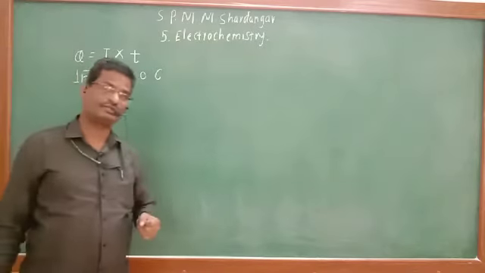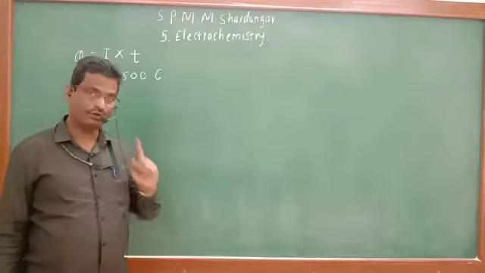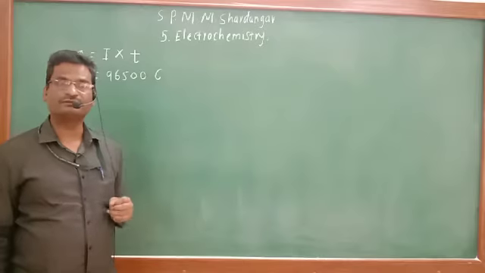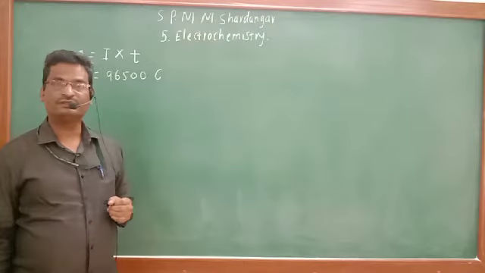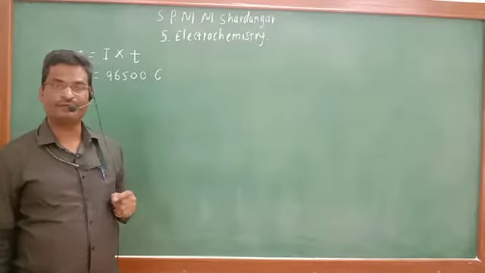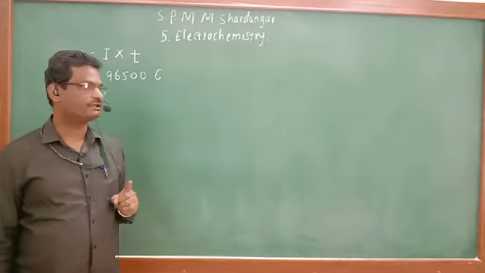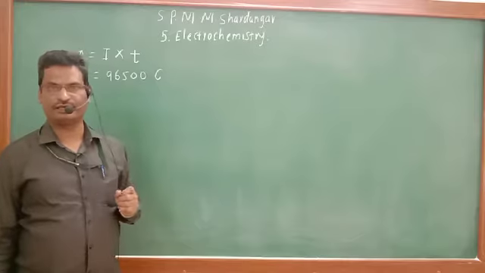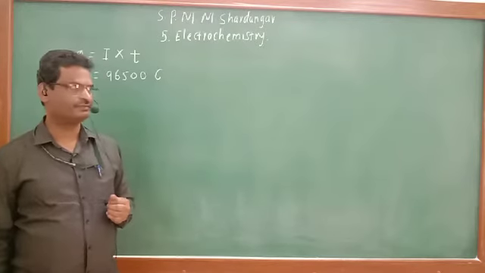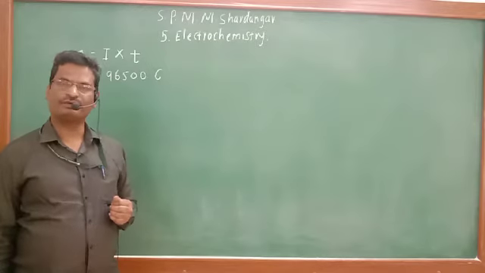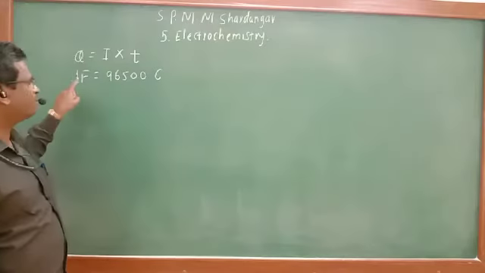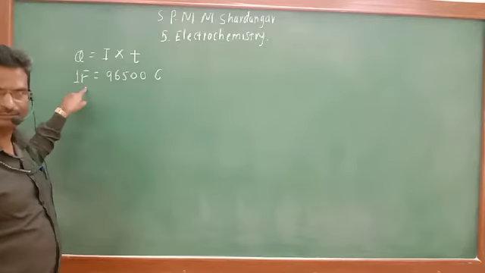One more definition we have seen for Faraday. Faraday is nothing but the quantity of electricity required to deposit 1 gram equivalent of the substance. The amount of electricity required to deposit 1 gram equivalent of the substance is known as 1 Faraday of electricity.